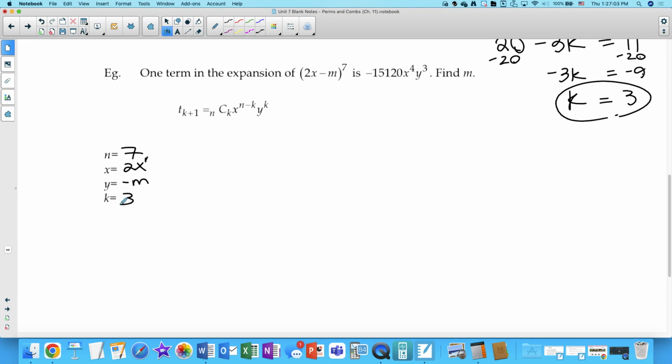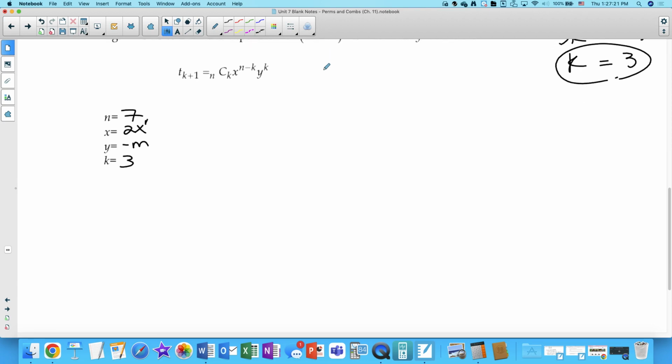So it does work in this case, but if, let's say, this was 2x squared or 2x cubed instead, then it wouldn't be as crystal clear. We don't have that situation, but if you did, I would just say that 2x to the 7 minus k has to be some coefficient times x to the 4.